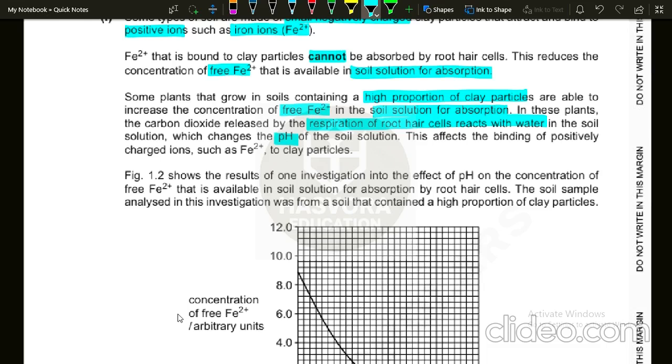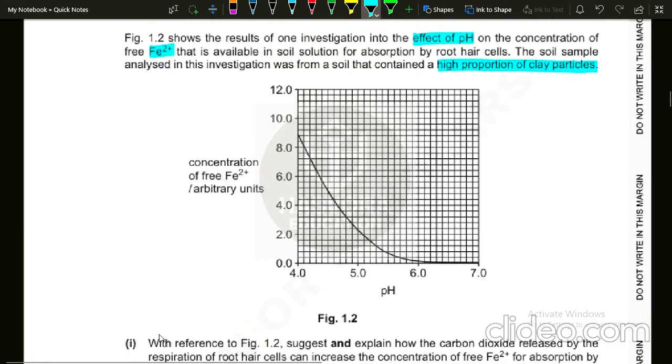Figure 1.2 shows the result of one investigation into the effect of the pH on the concentration of the free Fe2+ that is available in the soil solution for the absorption by root hair cells. The soil sample analyzed in the investigation was from soil that contained a high proportion of clay particles. Okay, so now you can clearly see that when the pH is increasing, the concentration of the free Fe2+ is decreasing.